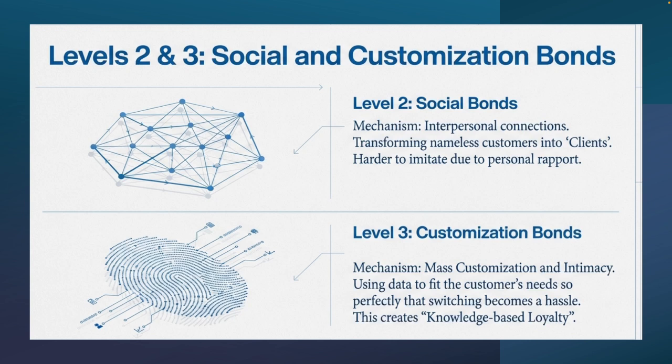Nameless customers become loyal clients. Where maybe, for example, the business traveler staying at a city hotel is recognized when she checks in by the front desk. Oh, welcome back, whatever her name is, and that's the personal connection, obviously, and that's harder to imitate.